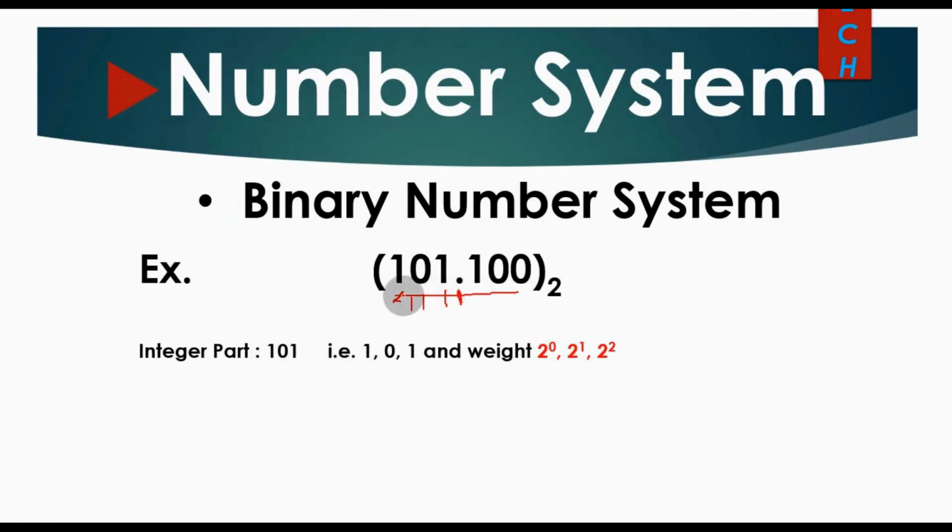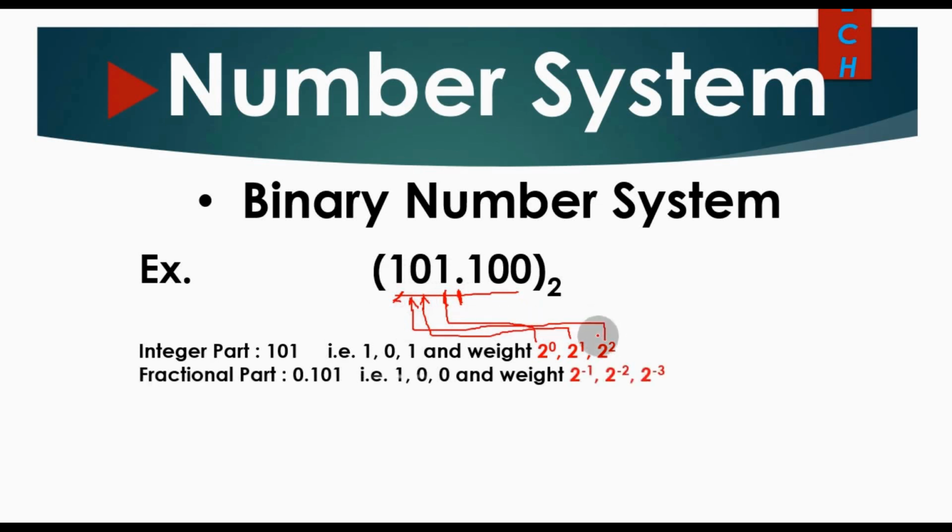The first number is 1, then 0, then 1. For this 1 we have the bit to the power 0, for this 0 we have the bit of to the power 1, and for this 1 we have the bit of to the power 2, right?